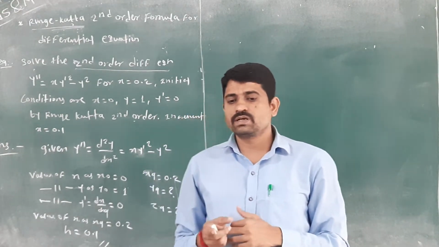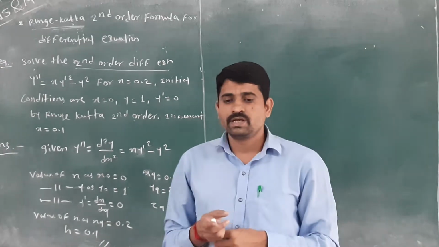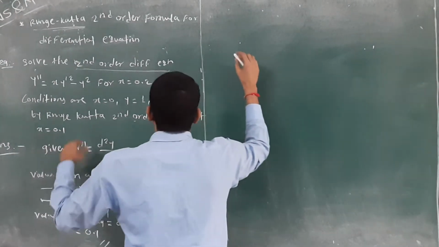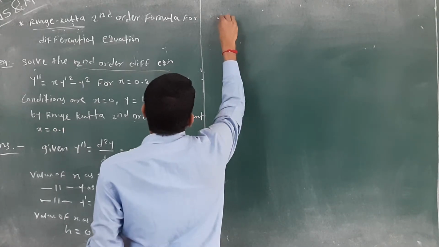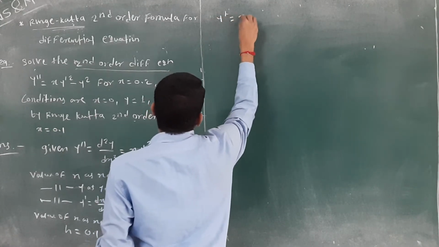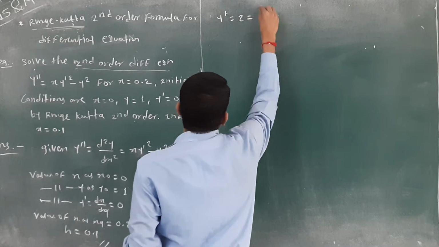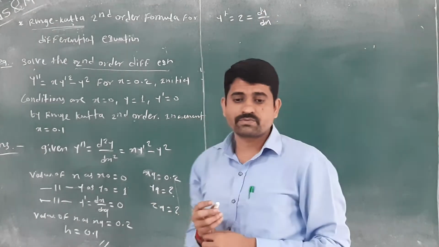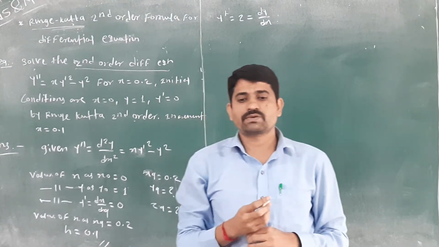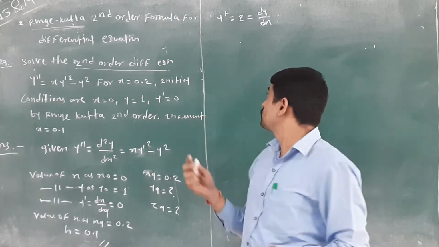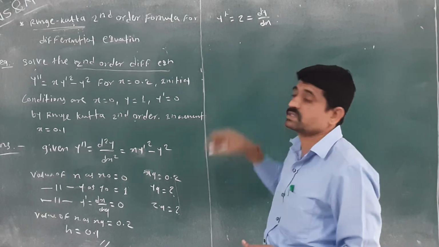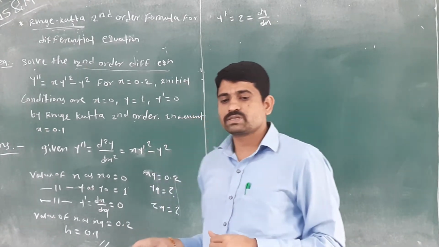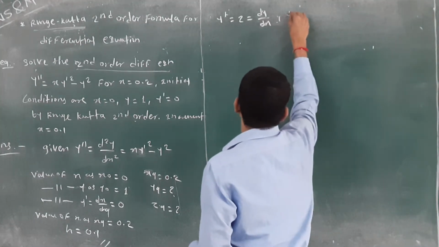Now we will solve this given equation. If we solve it, we write z is equal to dy by dx, y dash is equal to z is equal to dy by dx, as we saw in the first lecture. And what is y double dash?